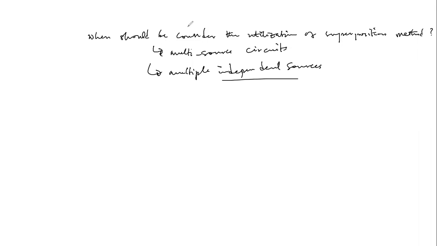So let us look at some of the basic steps in applying the superposition method. The first point here is that since we have multiple independent sources in the circuit, we want to apply each source at a time.